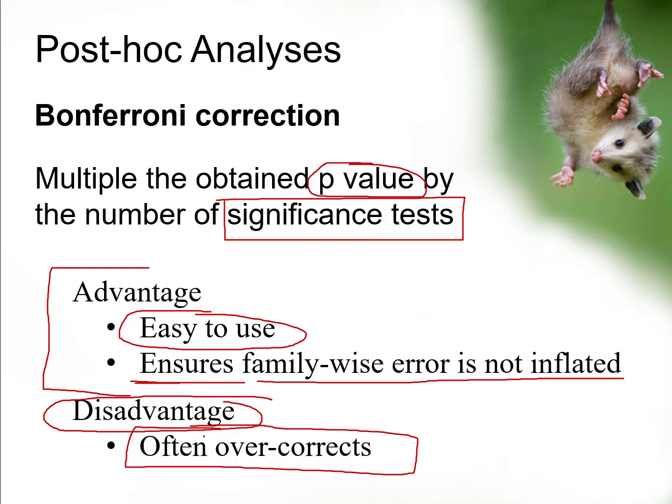That could be kind of disappointing, and it would be unfortunate if you labeled a result as non-significant when you didn't need to. So one big disadvantage of the Bonferroni correction is that it often overcorrects, and it can lead you to calling things non-significant when you don't really need to.